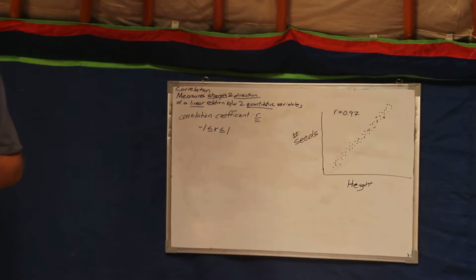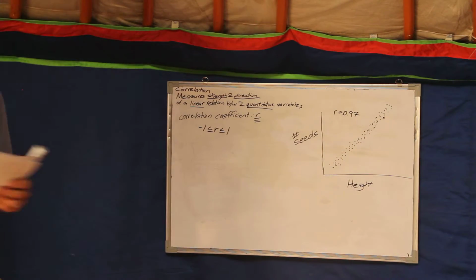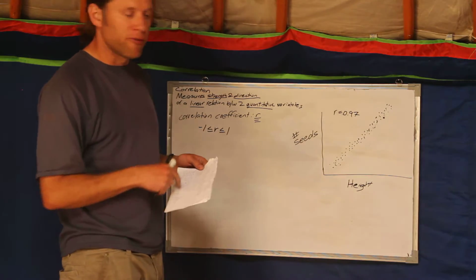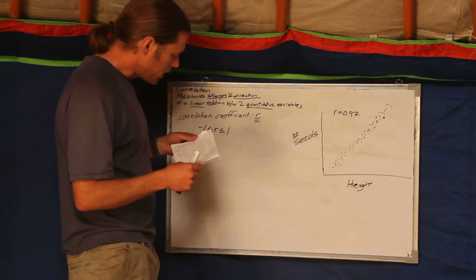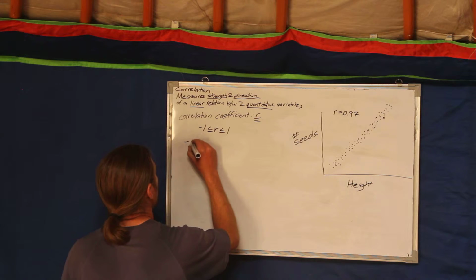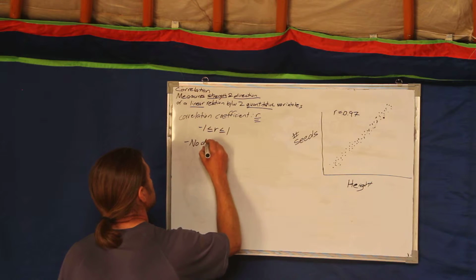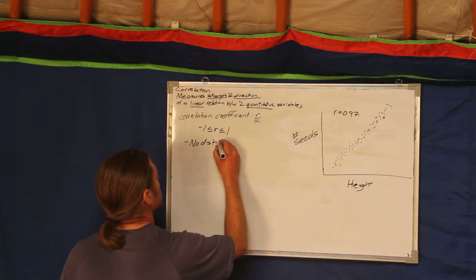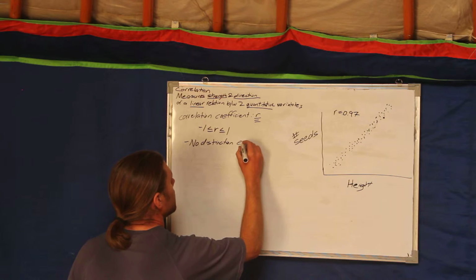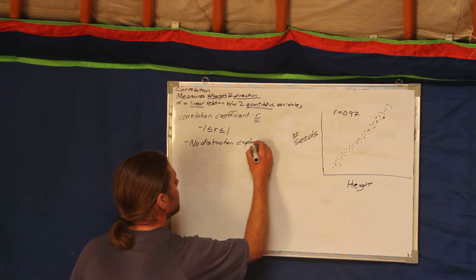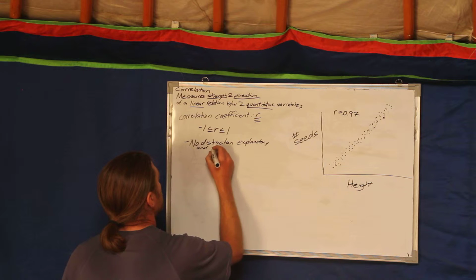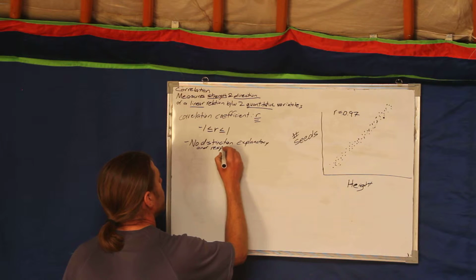So what we're going to do is that there are several things you need to know about correlations that I need to refer to my notes here to remember to put all of them. So one is that there's no distinction between explanatory and response variables.